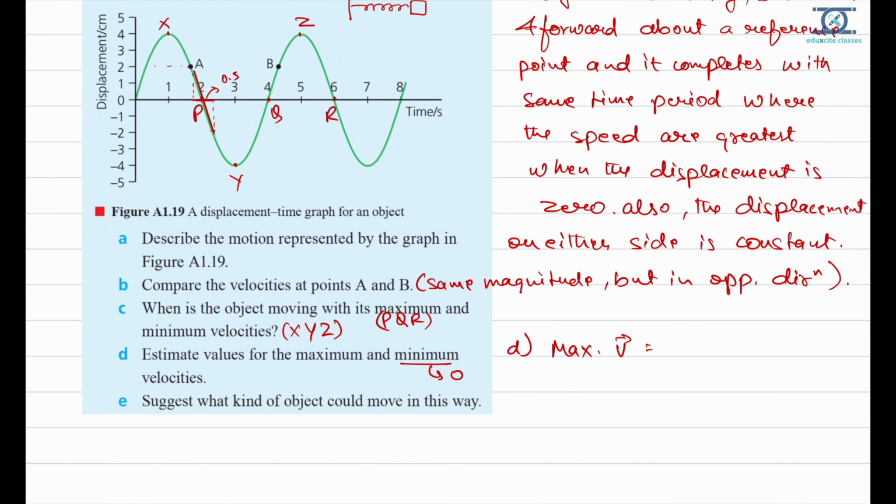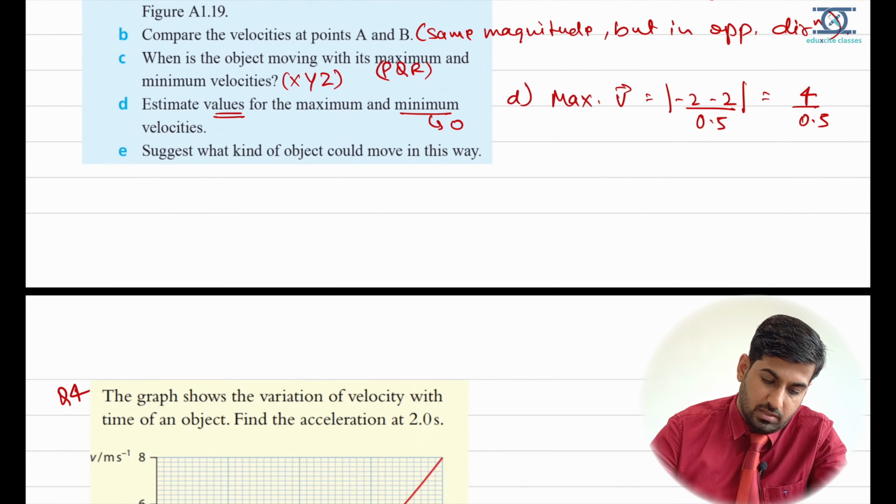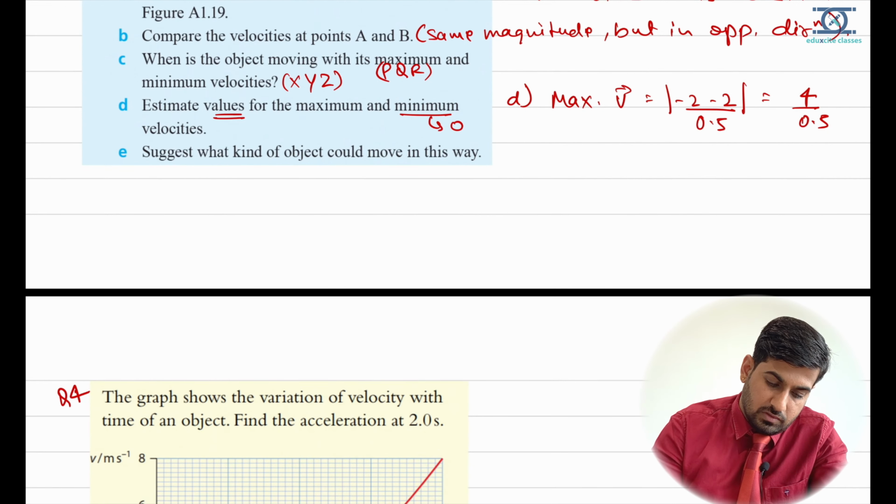Now they are asking for the values, which means they are asking for the magnitude, upon 0.5. So this will be 4 upon 0.5, which gives you 8, and the unit will be centimeter per second. So the maximum will be 8 centimeter per second.